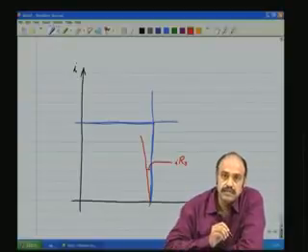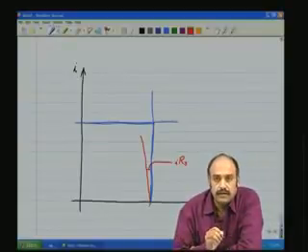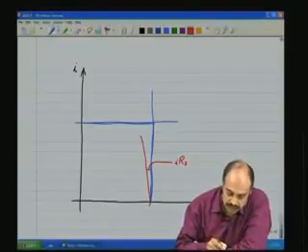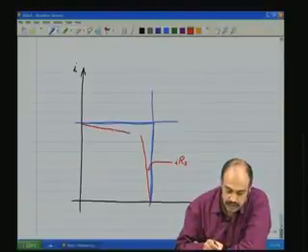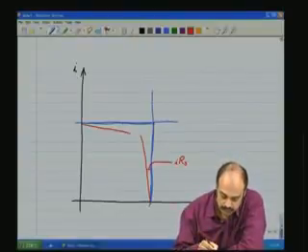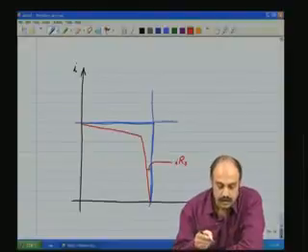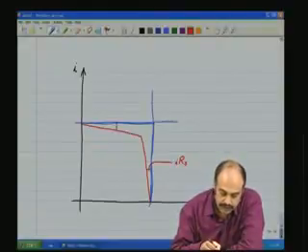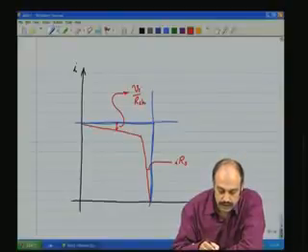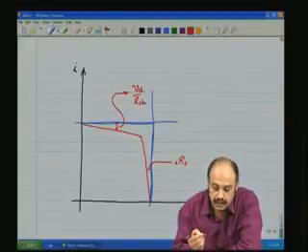The shunt resistance is going to affect the current source parameter. Because of the shunt resistance, it is going to deviate from the horizontal current source effect due to the non-idealities of the R shunt, and that is V by R shunt, where V is the voltage across the R shunt.